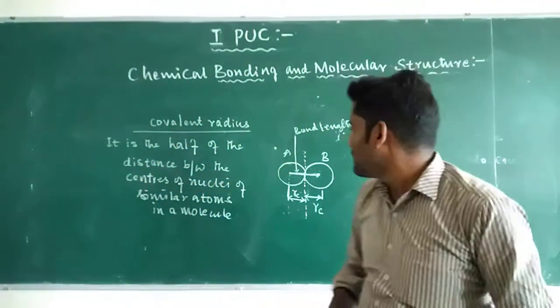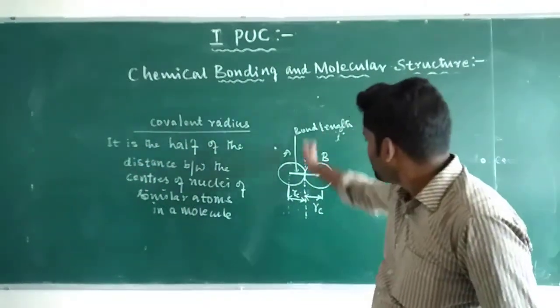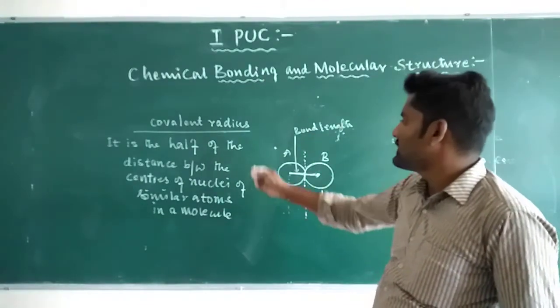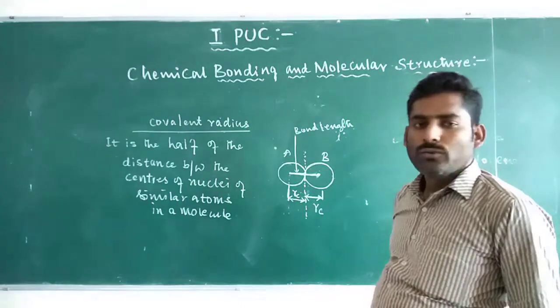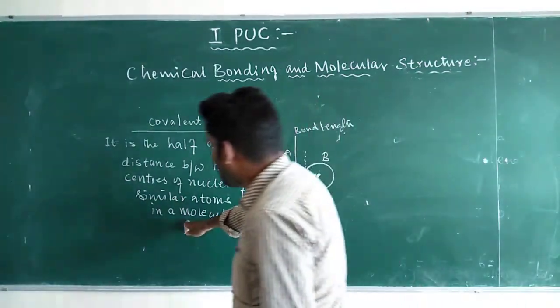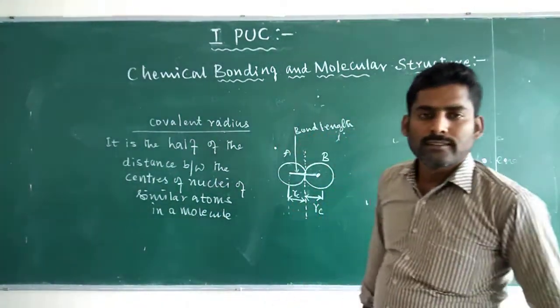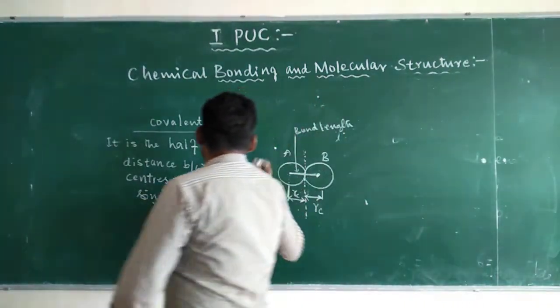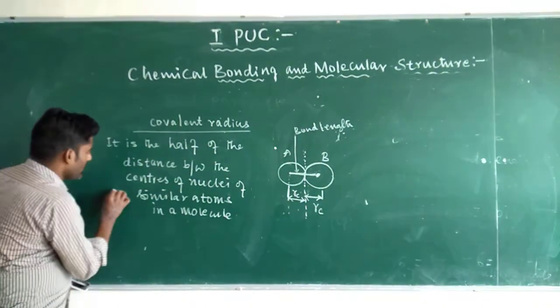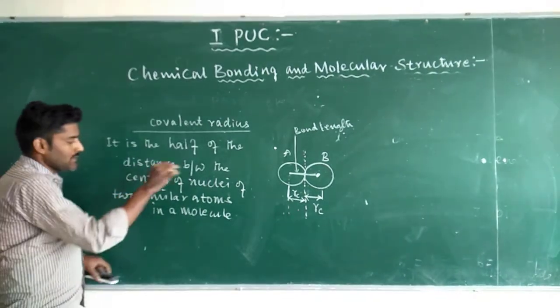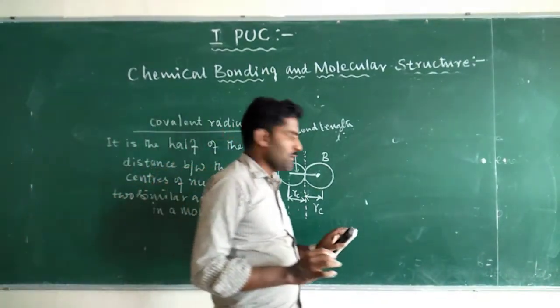Covalent radius can be defined as half of the distance between the centers of nuclei of two similar atoms in a molecule.